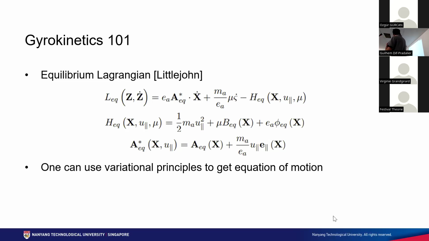In this case, the coordinates that we are choosing are x, the location of the gyrocenter, u parallel, the parallel velocity, how the particle moves in the parallel direction, and mu, the magnetic moment. After we write this, we can use the variational principle to get the equations of motion, which I'll skip. This is how we construct the equations of motion.